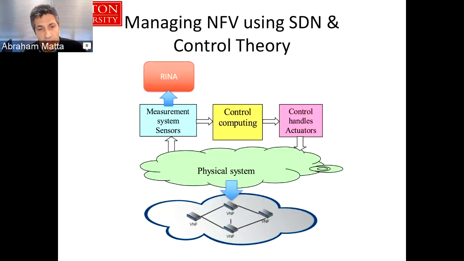And what I'd like to do is some load balancing across these instances. So I want to measure the load on the hosts where these instances are running. I'm going to do that using our recursive internet architecture. We use the application management architecture of our architecture we call RINA. I will say something about it in a second.